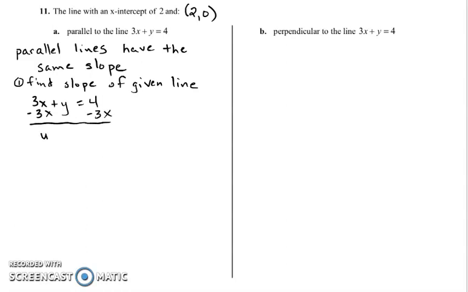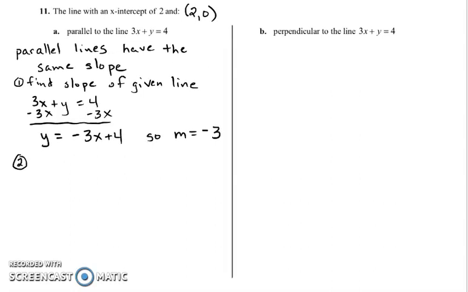That gives us y equals negative 3x plus 4. So our slope is negative 3. Now we're trying to find a line that's parallel to that, so it has to have the same slope of negative 3, but it has to go through this other point.